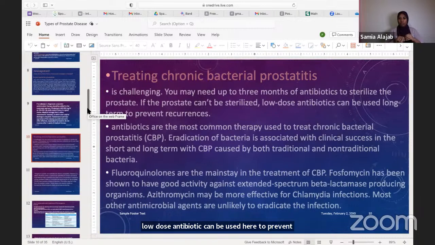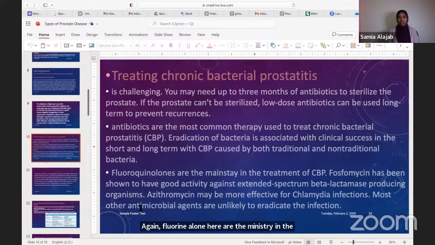Antibiotics are the most common therapy used to treat chronic bacterial prostatitis. Eradication of bacteria is associated with clinical success in the short and long term with chronic bacterial prostatitis caused by both traditional and non-traditional bacteria. So antibiotics are useful. Again, fluoroquinolones here are the mainstay in the treatment of chronic bacterial prostatitis.